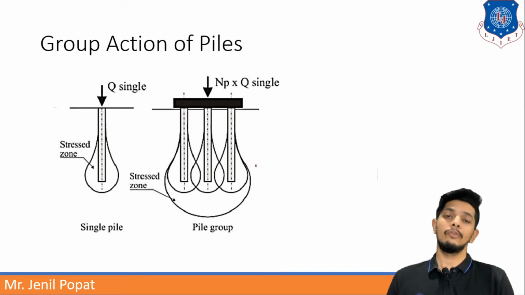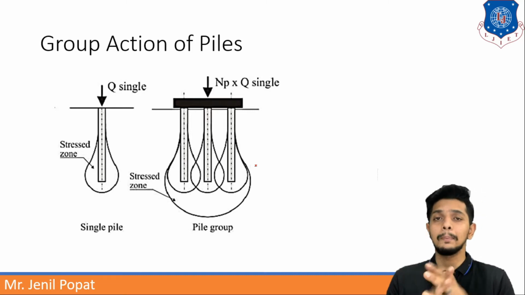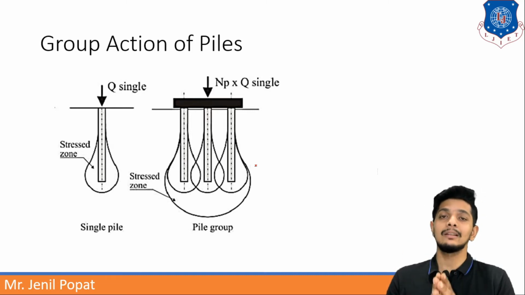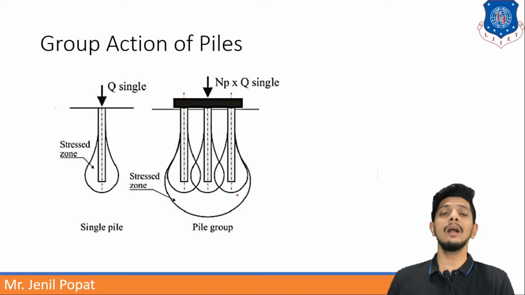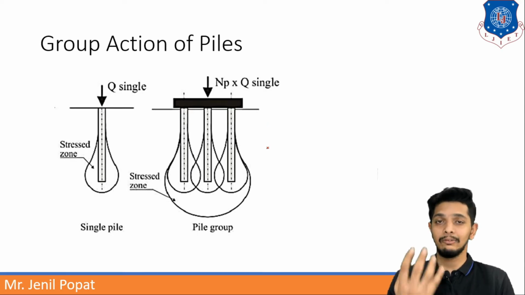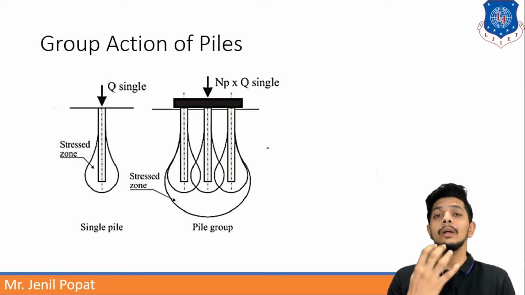But when we group the piles, they act as a group of piles and have a larger zone. Here you can see a larger zone, and it will act as a single pile, but there are more piles, so it will have a larger capacity than the sum of individual piles.